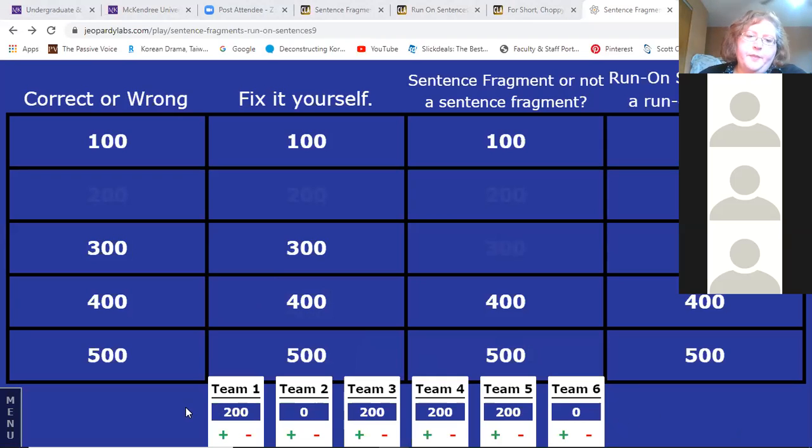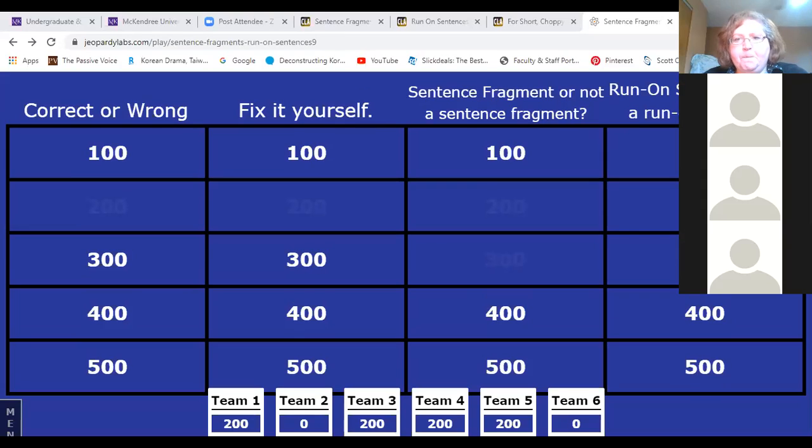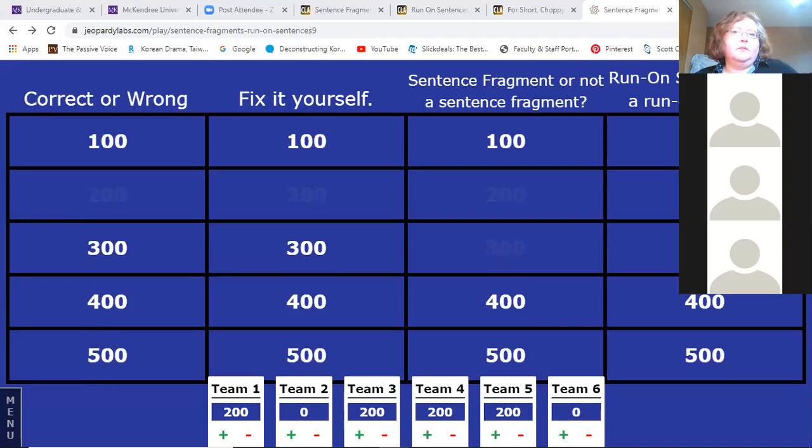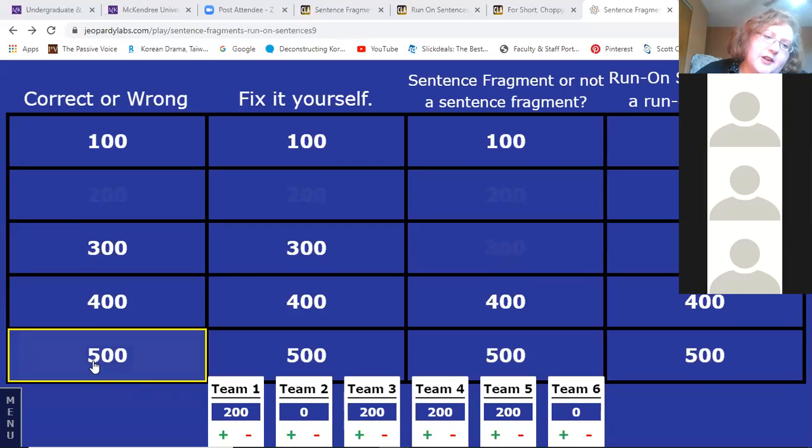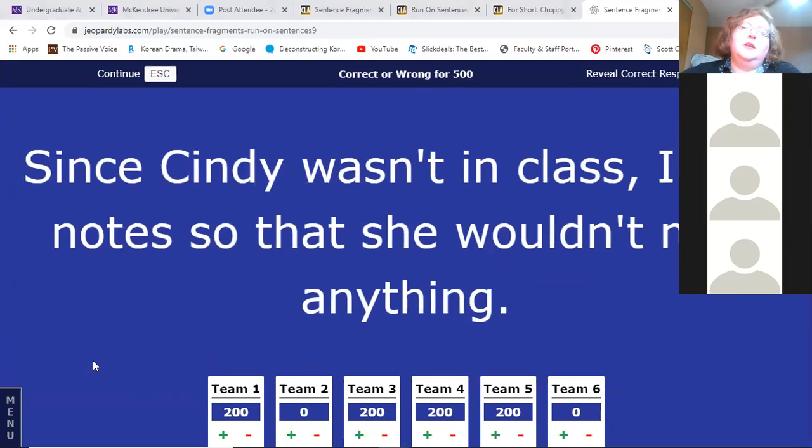No one? Okay. Back to team 1 then. Please choose which one you like. Correct or wrong? 500. All right, go for the gusto. Since Cindy wasn't in class, I took notes so that she wouldn't miss anything.